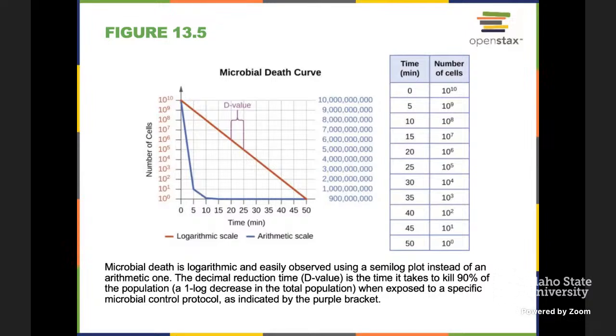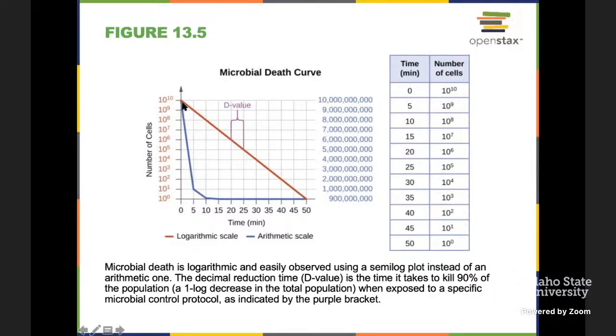This is a similar idea, but in this circumstance, we're thinking about some sort of agent that we might be using. How quickly is it able to kill these microbes, bringing those levels down to safe levels or to zero potentially.